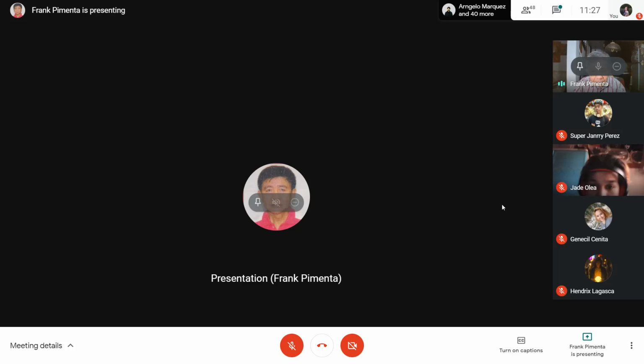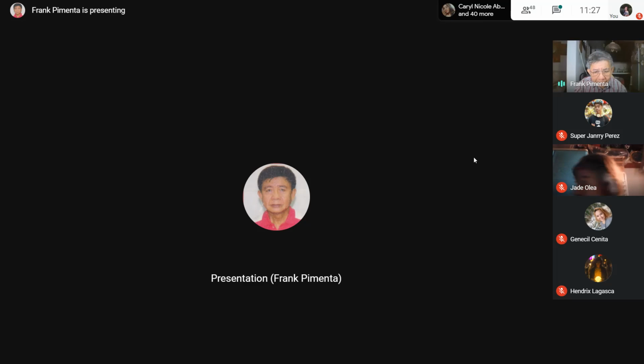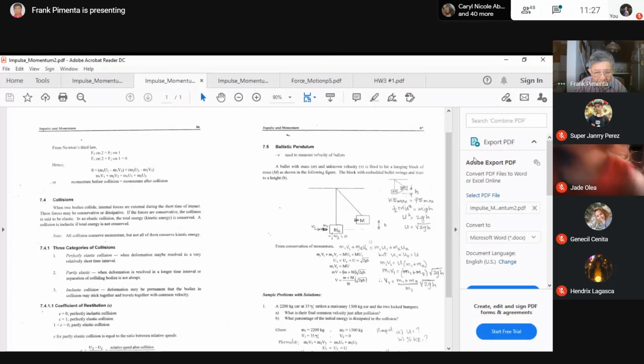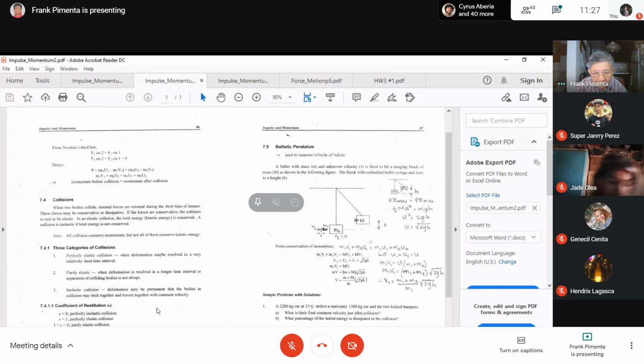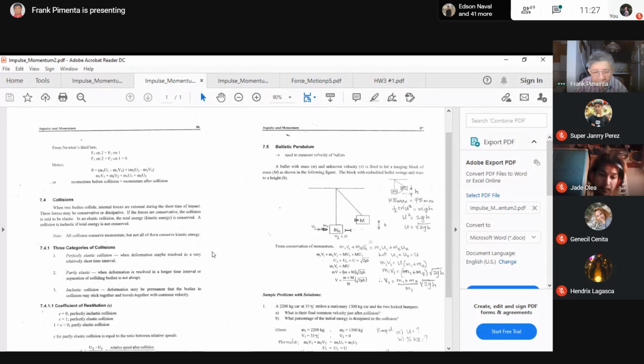Since this bullet is fired before the collision, it has a velocity v sub 1. The other mass, the hanging block, is made of wood and suspended by means of a string.